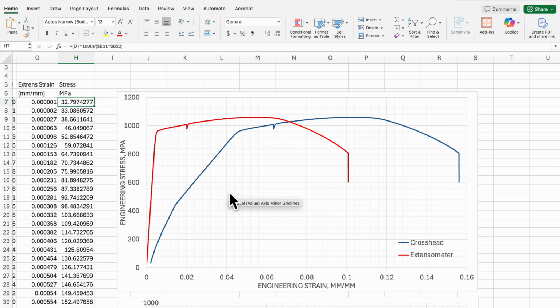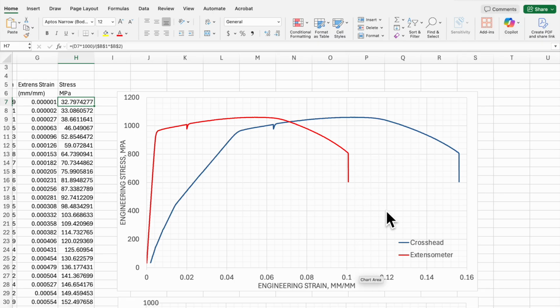The other big observation that you might notice is that they're quite a bit different. The overall stress level is the same, right? The top of the red curve is the top of the blue curve because that didn't change. But the strain did, because I used two different strains. You can notice that the crosshead goes almost to 0.16 engineering strain, whereas the extensometer only went to about 0.1.